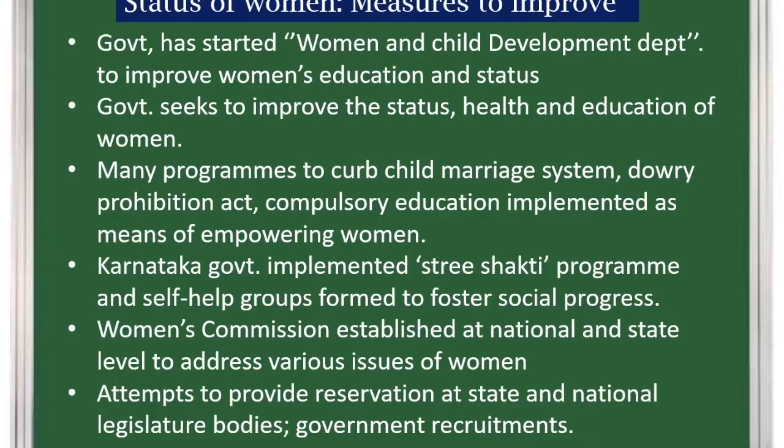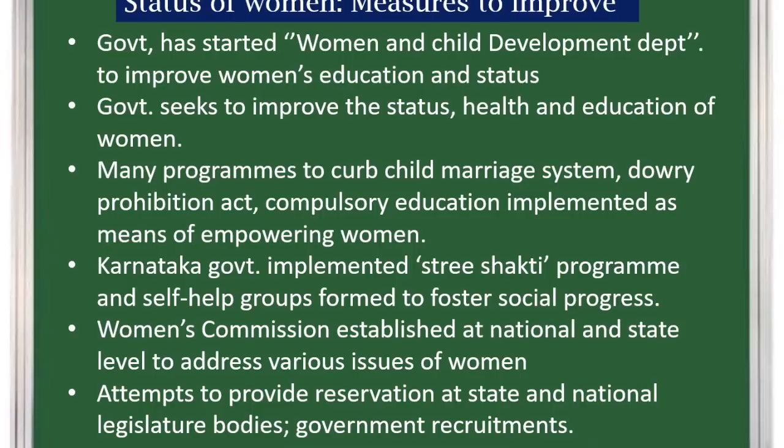Karnataka government has implemented a very ambitious program called Stree Shakti, and self-help groups are formed among women to foster social progress.